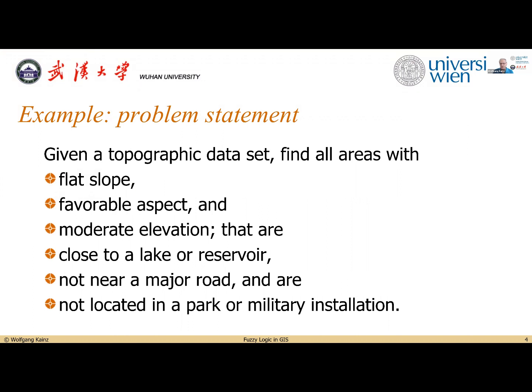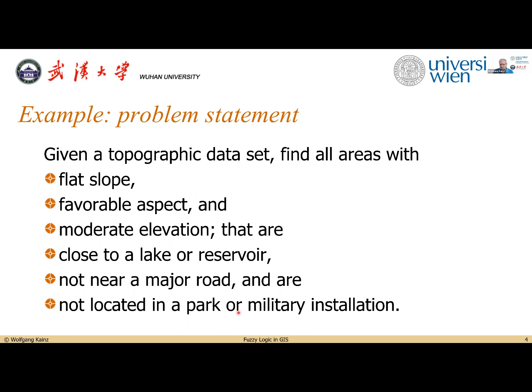You have a given data set with topographic data, and you should do a kind of site analysis where you have to find all areas that have a flat slope, a favorable aspect, a moderate elevation, that are close to some lake or reservoir, that are not near a major road, and that are not located in a park or some military installation.